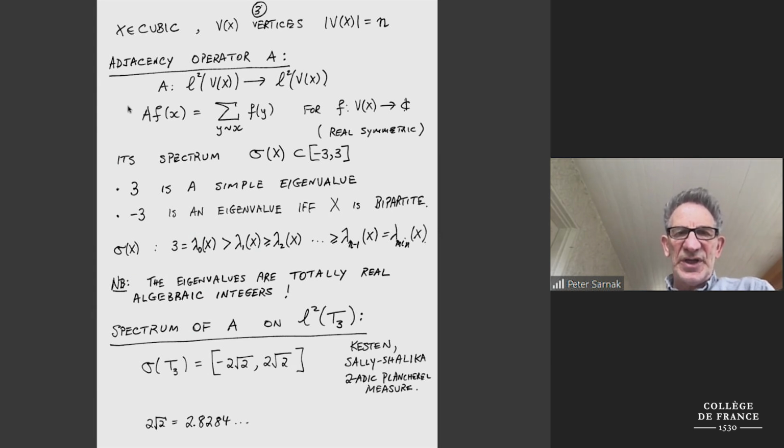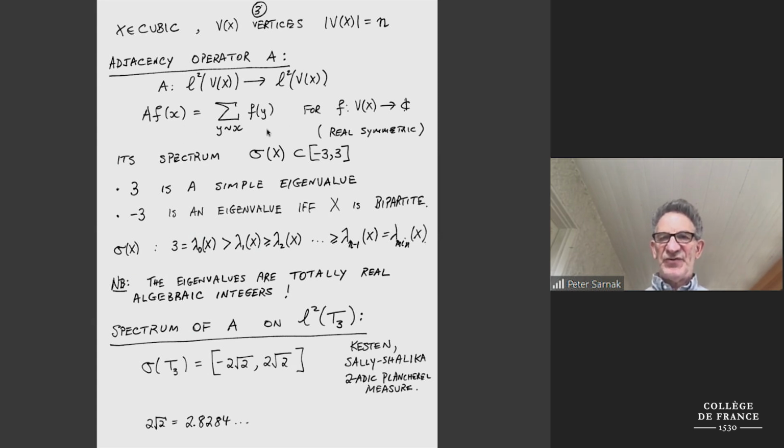Firstly, we look at the vector space of functions on the vertices, complex or real valued, and we define the operator A. On such a function, the adjacency operator on f is, you sum all y's joined to x by an edge. The graph's symmetric, of course. Not of course, it's an assumption. I'm assuming my graphs are graphs. So Af(x) is the sum over y joined to x of f(y).